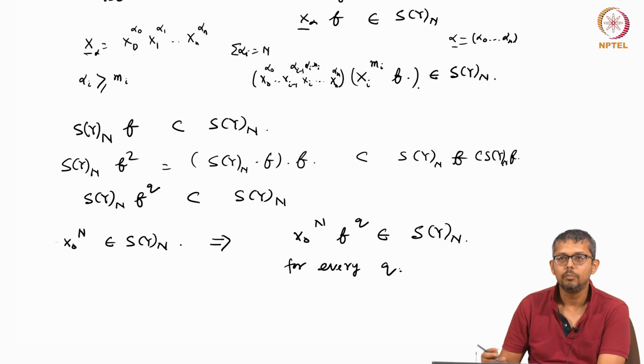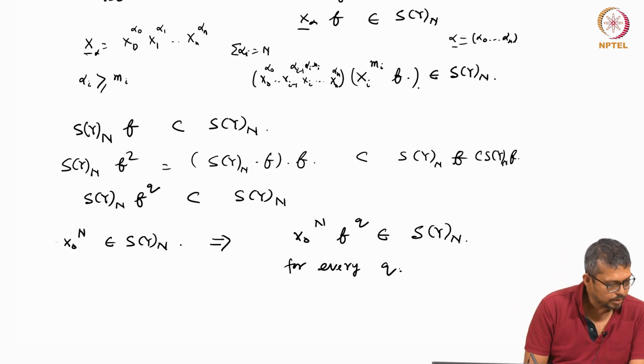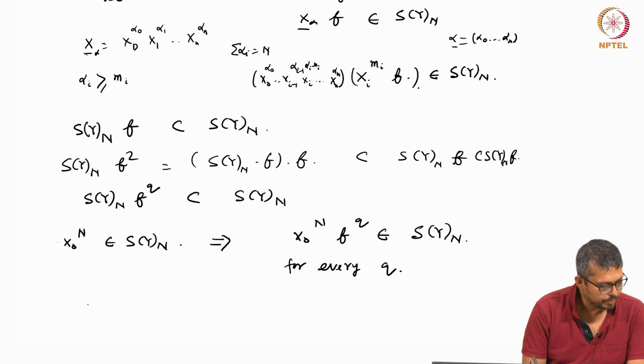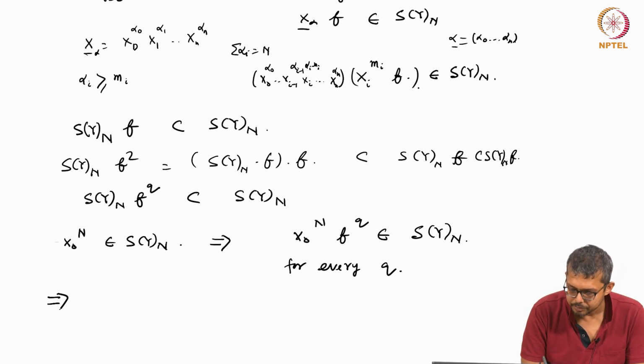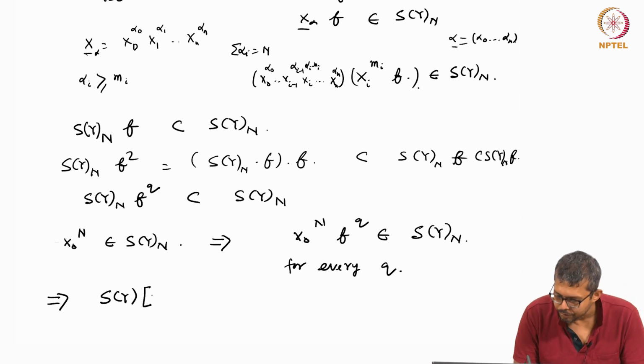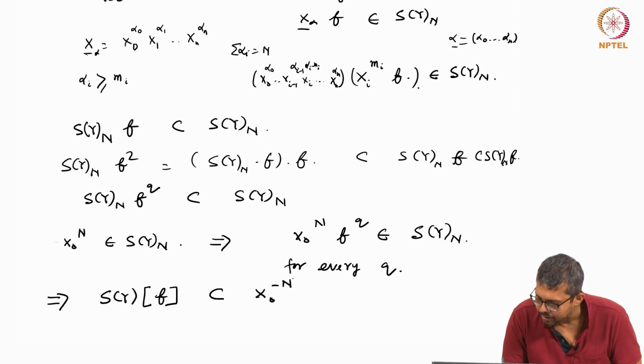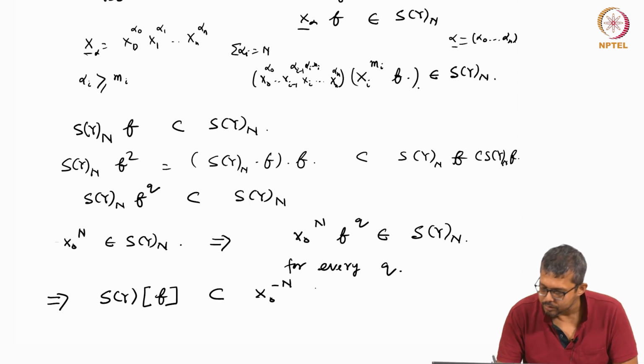You take in particular the monomial x naught power capital N. So this implies S_Y of f will be inside x naught power minus N S_Y.